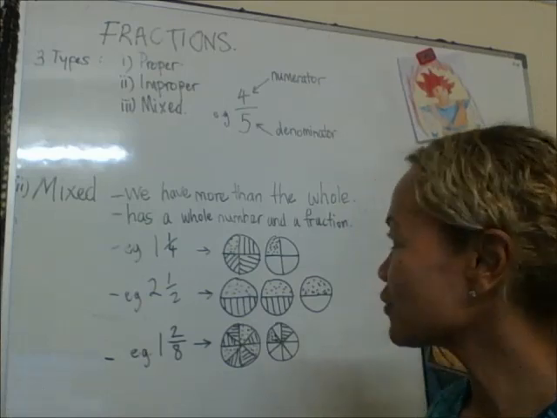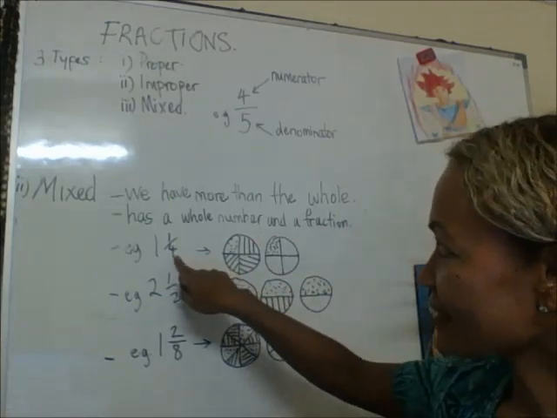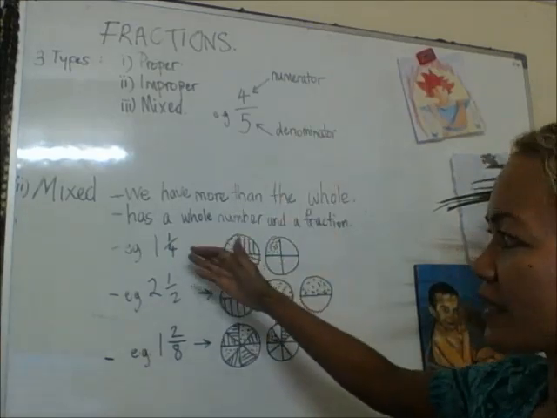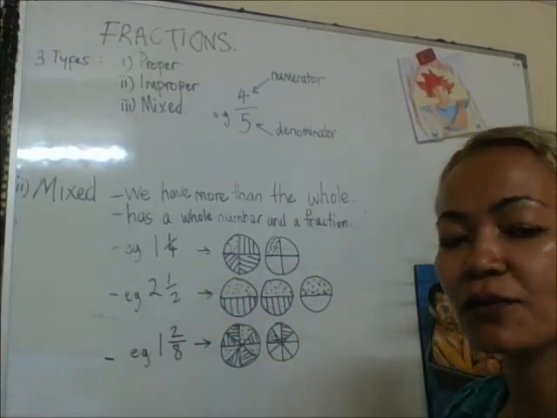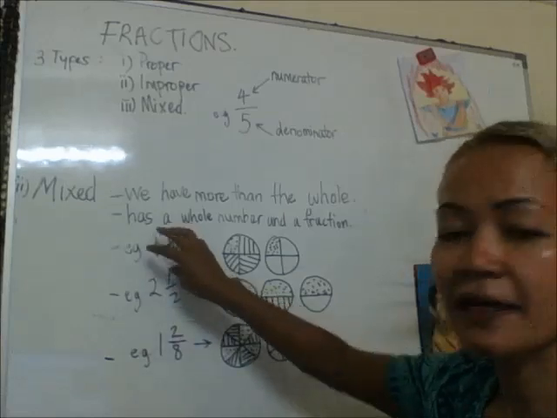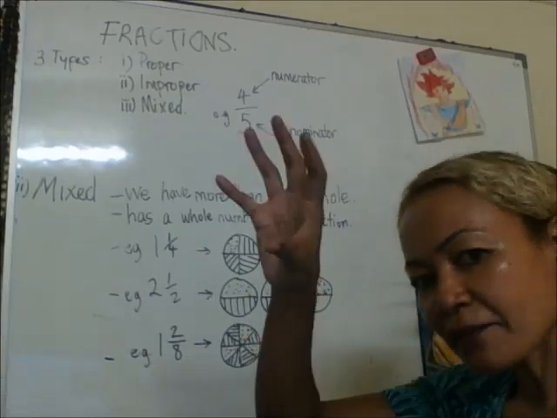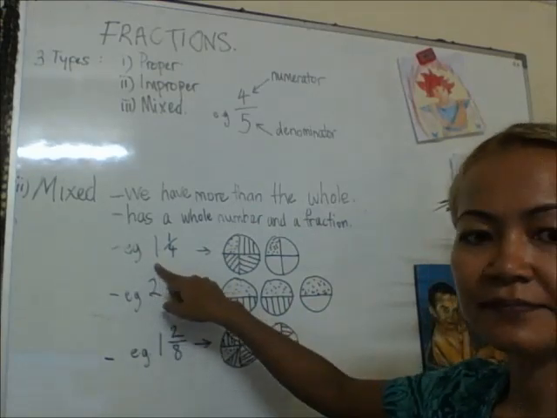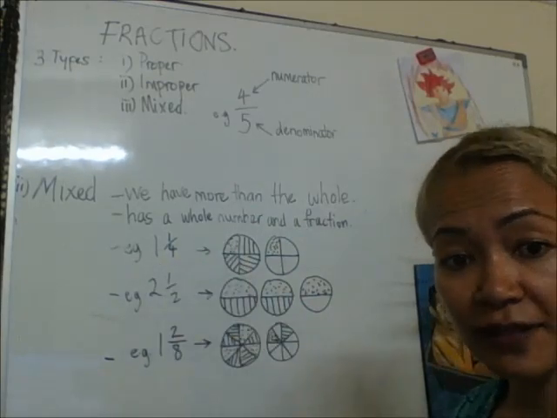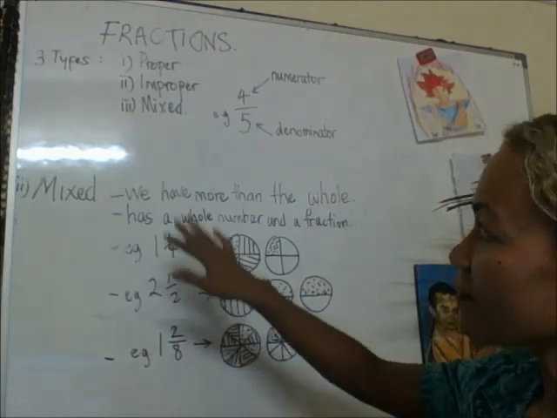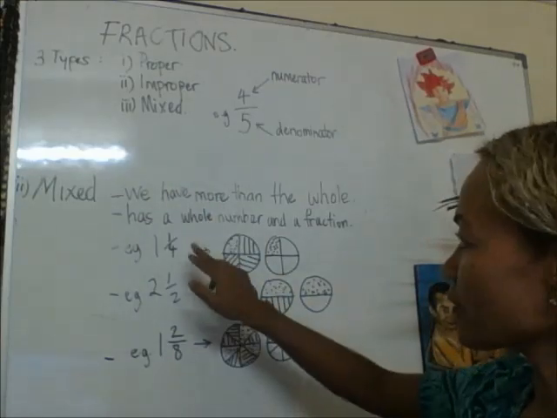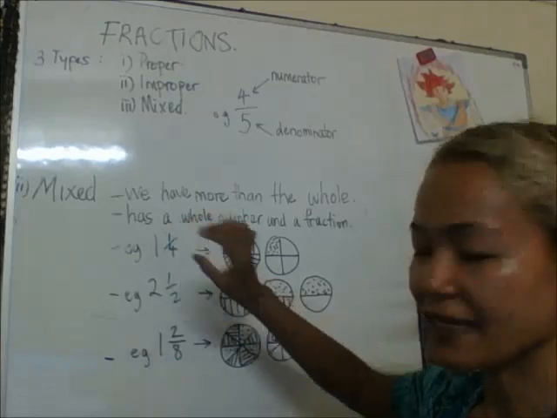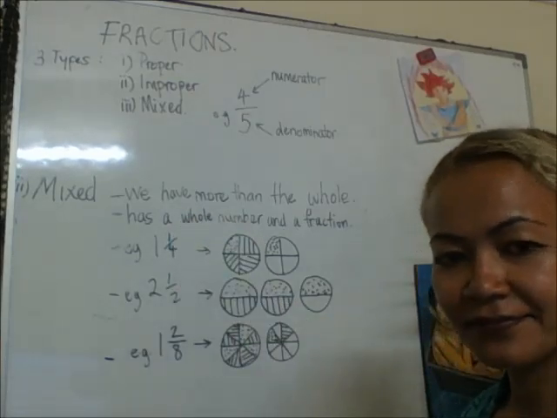And that's true because you can express this mixed fraction also in terms of an improper fraction. So you can make the whole number just be a numerator over 4 with no whole number. And we'll move on to that later. But for now, this is the simple form of showing it. One part is the whole number, and the second part is the fraction.